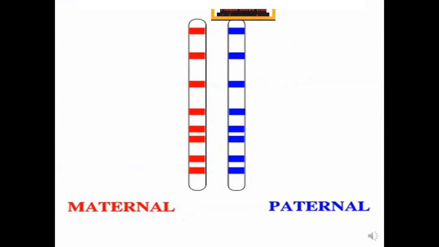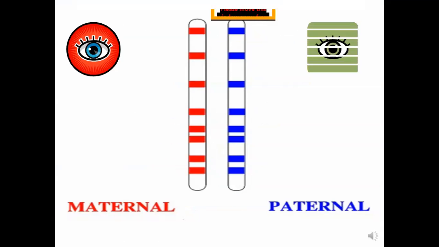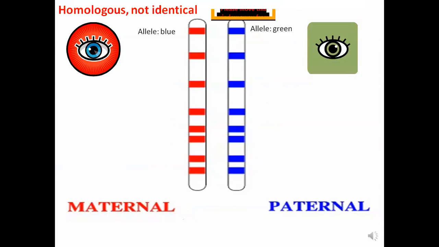So these are homologous but not identical. Why? Because they have different alleles, a blue allele and a green allele. So homologous and not identical.